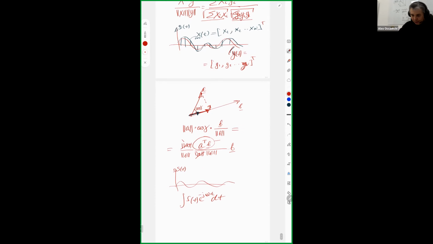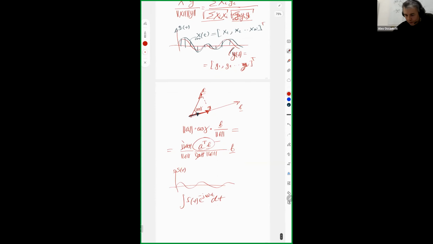Things become a little simpler if the signal is represented on a discrete grid of samples. You sample your data in time and create a set of values, so it's now your data vector. The integral gets replaced with a sum of s of t sub i, the value of s at the i-th moment of time, multiplied by e to the minus j omega t sub i.